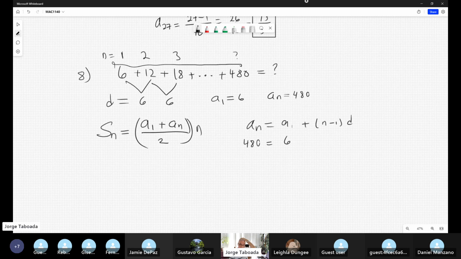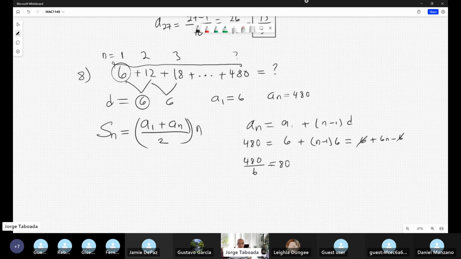A1, the first, is 6, and the common difference is 6, a coincidence. So 480 equals 6 plus 6n minus 6. If this 6 is cancelled, n is equal to 480 divided by 6, which is 80.